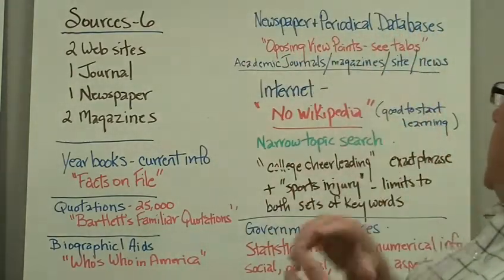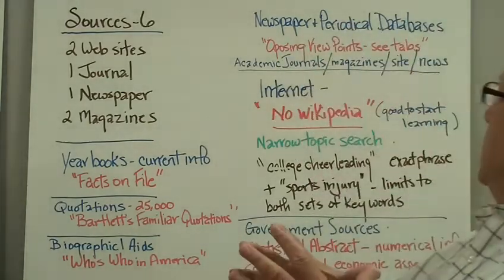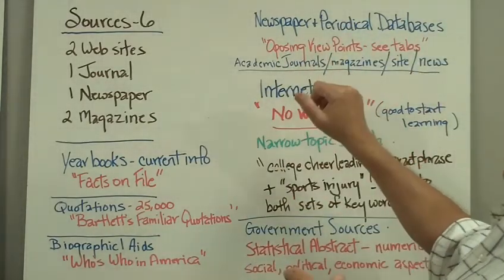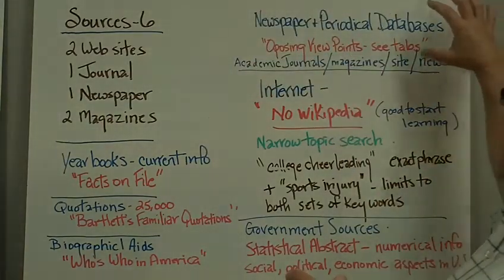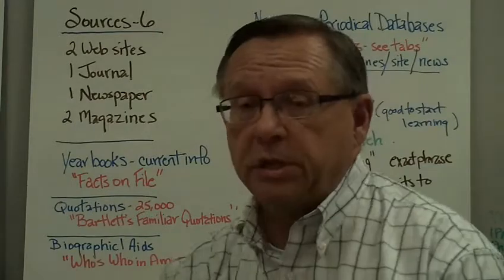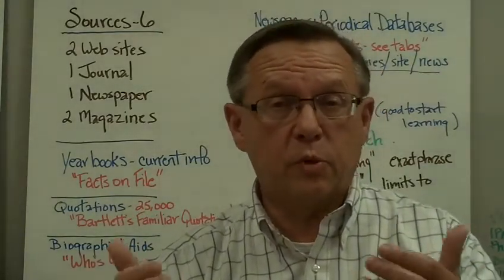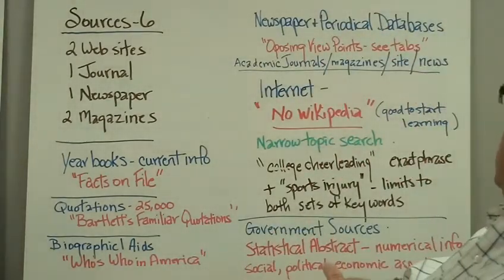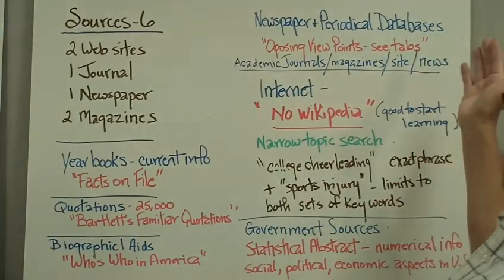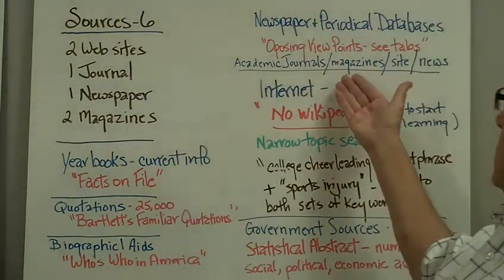Newspaper and periodical databases are available on the MTSU library website. Opposing Viewpoints. You can look there and look again at the tabs across the top, and you'll be able to see all kinds of information, newspapers, magazines, journals, and so forth. Academic journals and websites as well, because we do want you to use the internet.